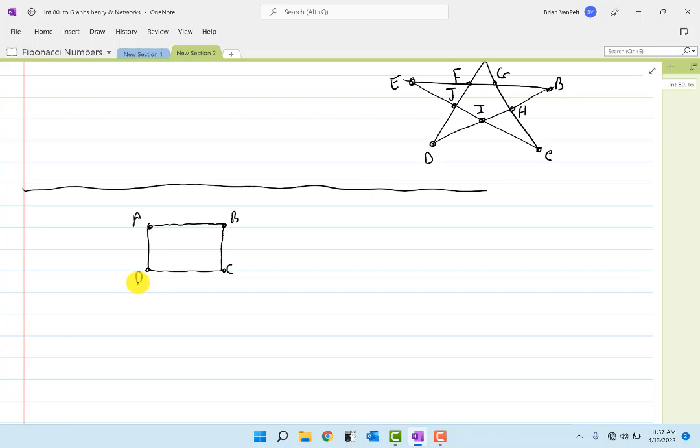Many times you'll try to make a graph that actually physically looks like the physical situation it is trying to represent. So sometimes if A, B, C, and D happen to be houses, then you may want something like this. So you may have vertices like this, houses sitting next to each other, and then maybe an edge connecting A to D. These are the same.